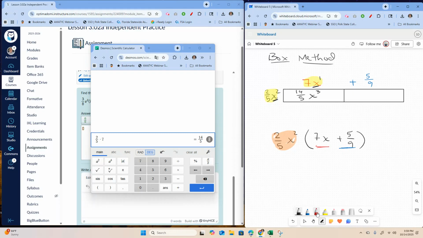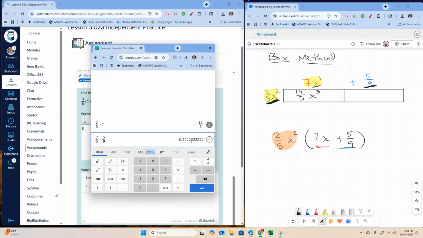Now we're going to multiply the 2/5 x squared again, so this, by 5/9. So again, I'm going to go to the calculator, and I'm going to write again 2 over 5. I'm going to multiply that by 5 over 9.